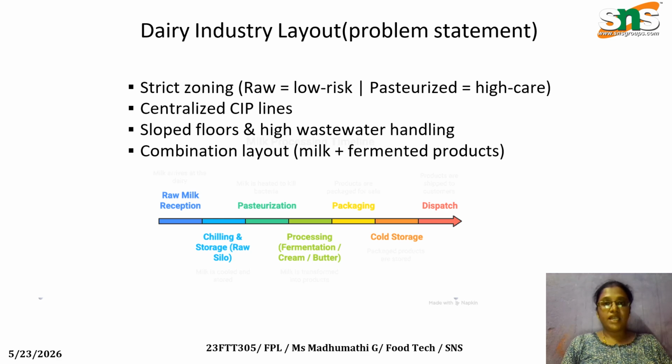So there should be high care at that point, centralized clean-in-place lines have to be systemized, and there should be sloped floors and high wastewater handling. And a combination layout has to be adopted for this type of dairy industry, where milk and all the value added or fermented products of milk are processed.